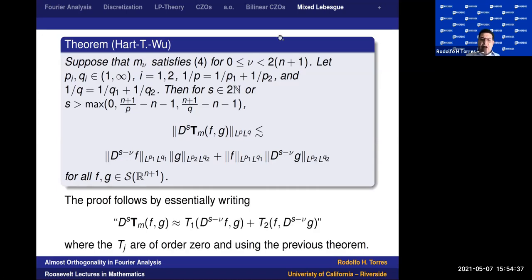And the reason that this works, and again, I won't be able to go over this, is that we are able to decompose this operator into two. One acts on all the derivative in F and then G, another on F and all the derivative in G. And these operators are now of order 0, as in the previous theorem.